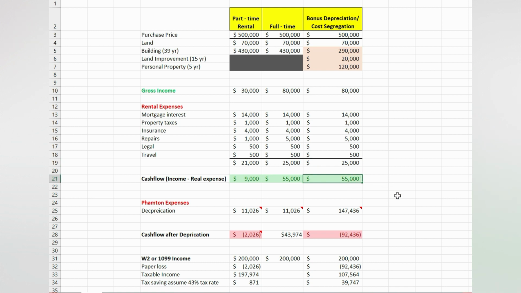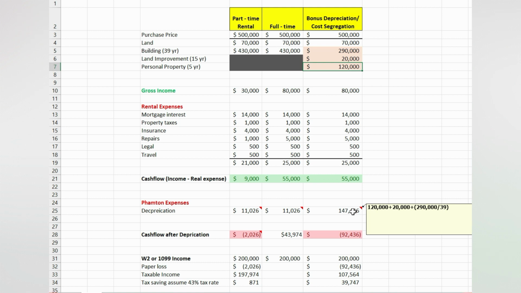The difference here is with depreciation. With bonus depreciation, you will take your personal property and your land improvement, and you're able to expense 100% of that into year one. So here we add 120,000 plus 20,000.